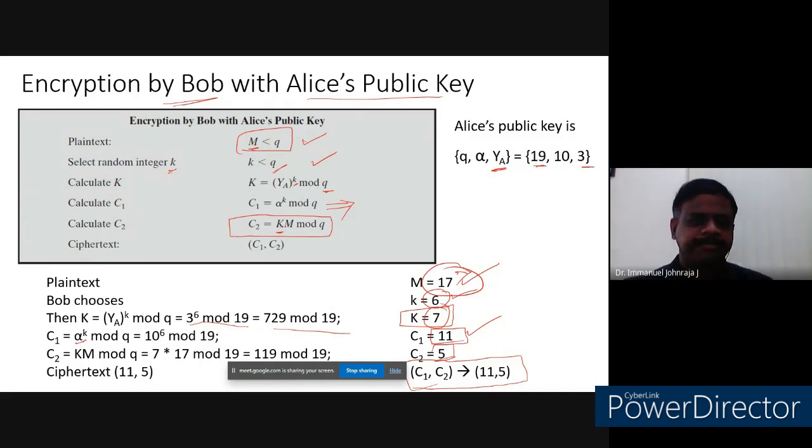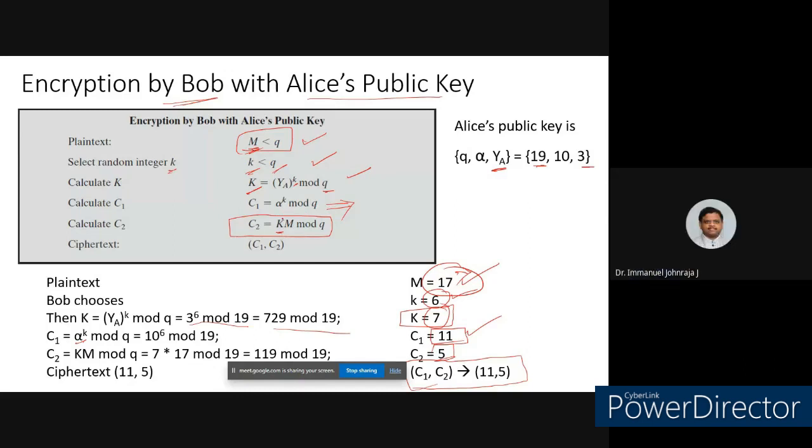Now, the plaintext chosen for our example is 17, which is M, and he chooses a random integer k, which is less than q. Then he calculates K as YA to the power k mod q, a simple step. Two ciphertexts are calculated in ElGamal, unlike RSA. C1 is alpha to the power k mod q, and C2 is K times M mod q, where M is your original message.